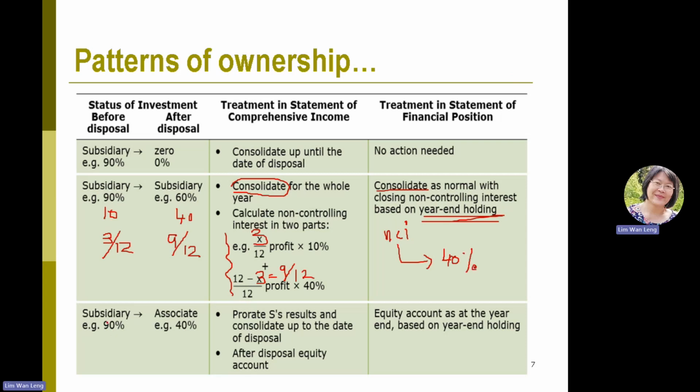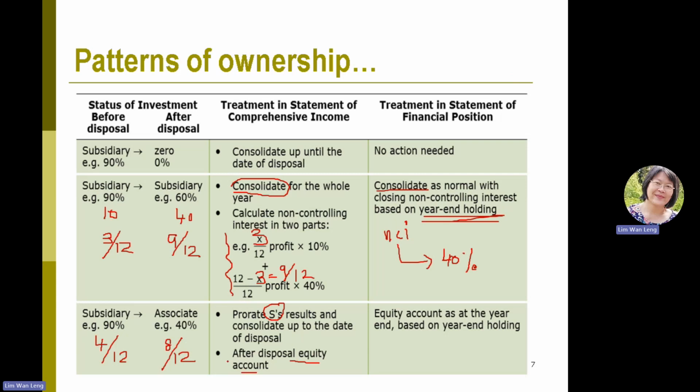Then this one, subsidiary to become an associate. Of course, you also pro rata accordingly. All the figures of the subsidiary, you only take, let's say, the first 4 months, and the last 8 months you don't. So consolidate only the first 4 months: pro rata the results of the subsidiary up to the date of disposal, and thereafter equity account.